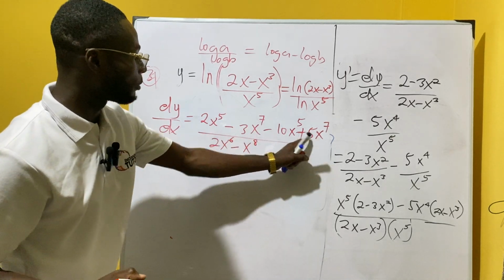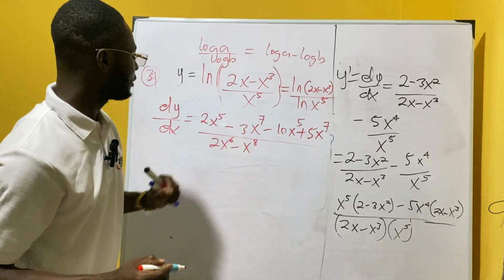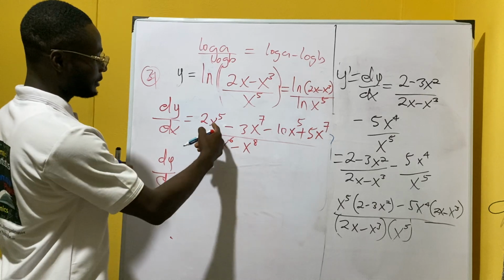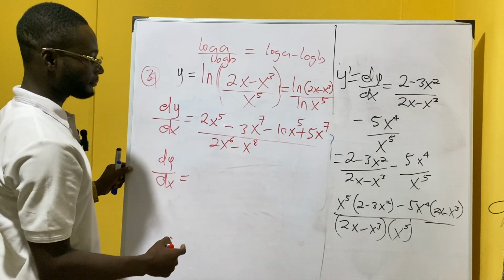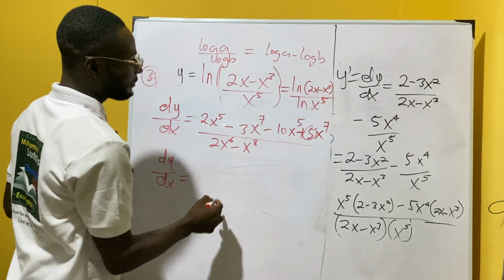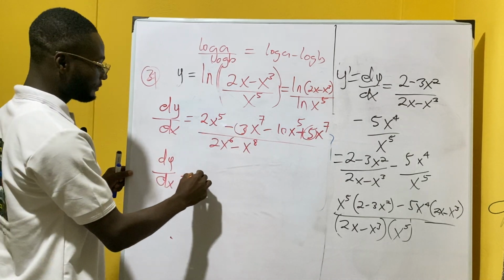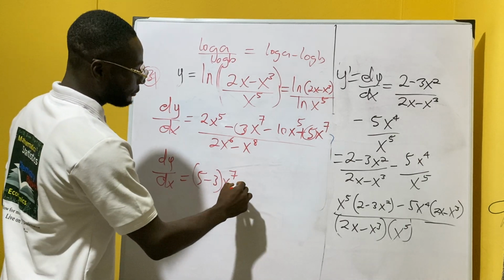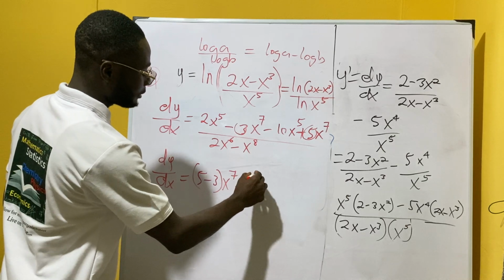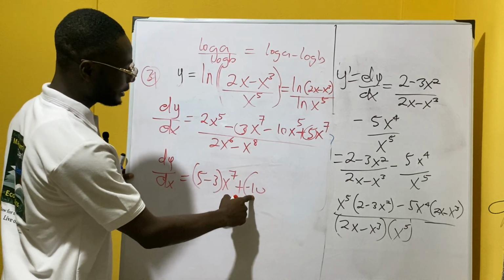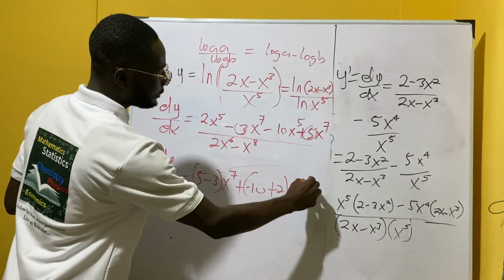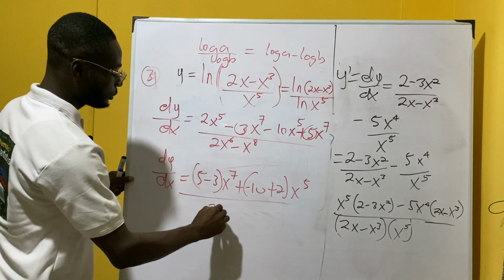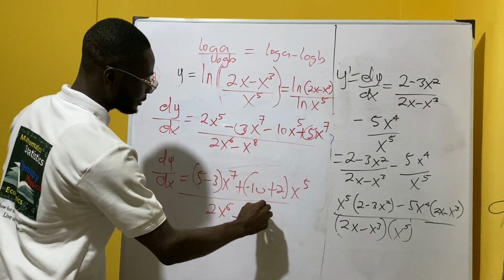So now we can add the common terms. We have dy/dx, which is of course equal to this and this. We have 5 here and we have 3 here. So we can say that 5 minus 3 times x to the 7, and then we have 2 minus 10, that is minus 8 x to the 5, all over 2x to the 6 minus x to the 8.